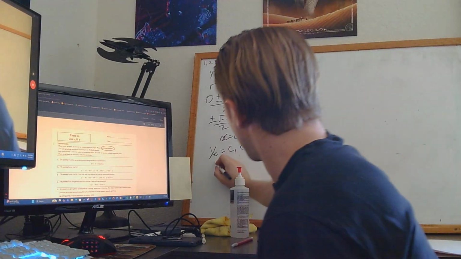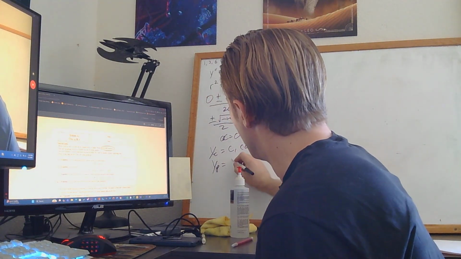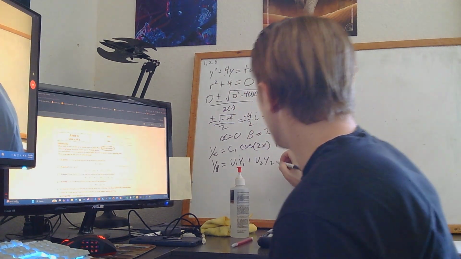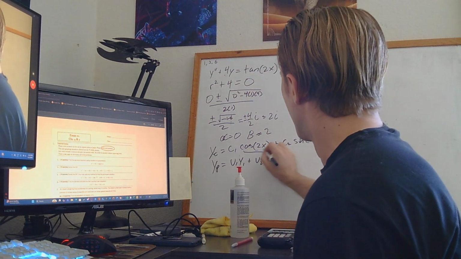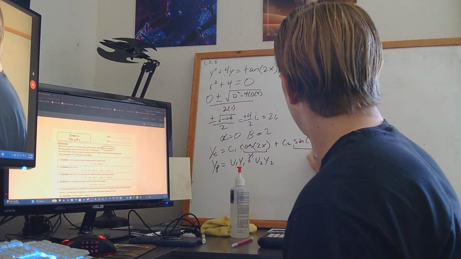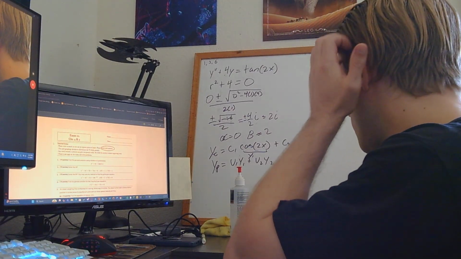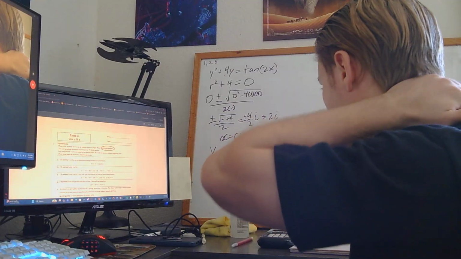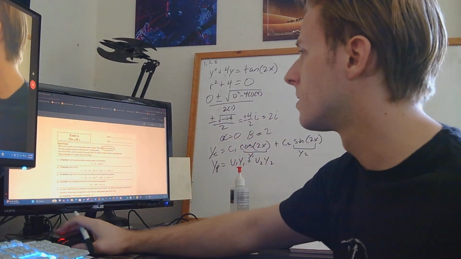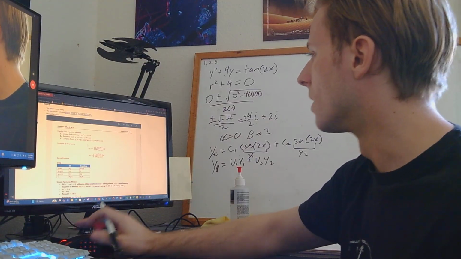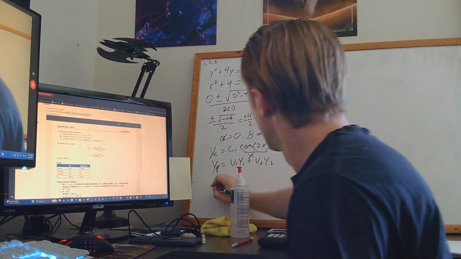So using variation of parameters, y sub p is going to be u1 y1 plus u2 y2. I'm going to have this be the y1. Sine 2x will be y2. Okay, so, oh yeah, I need to find the Wronskian.